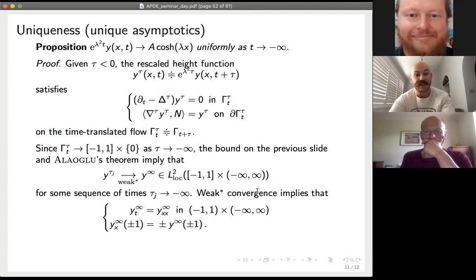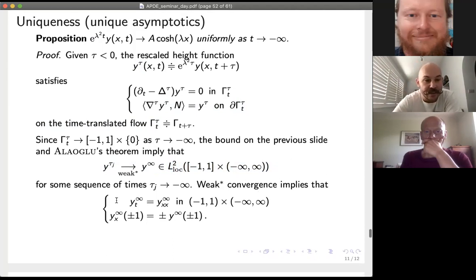But weak star convergence is exactly what you need to deduce that the limit satisfies the corresponding equation. You just use the weak notion of weak solution for this equation. And so they'll satisfy the heat equation on the limit flow, but the limit flow is just the stationary segment. So you get this nice, very simple problem.